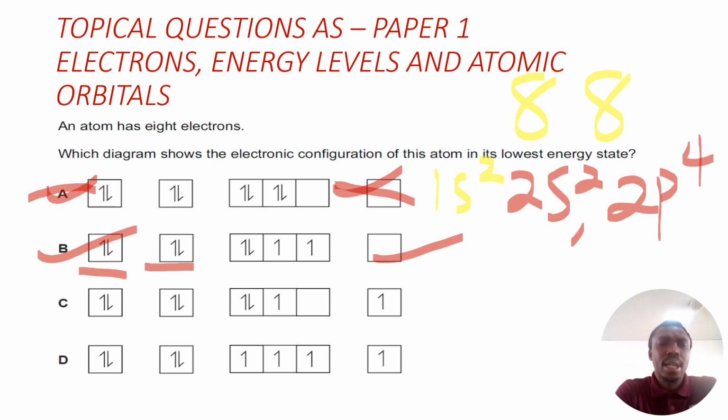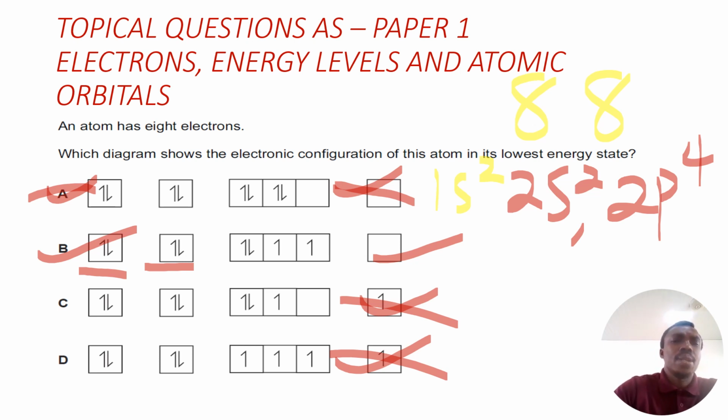If you look at C, C is not the answer because it disobeys Hund's rule. You fill singly before you start pairing, and you start from the lowest energy level to the highest energy level. Then D is also wrong. So the correct answer is B.